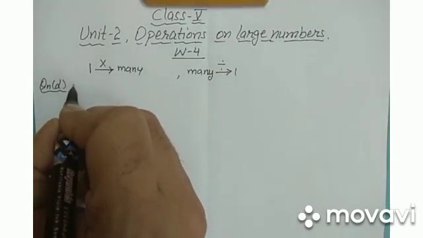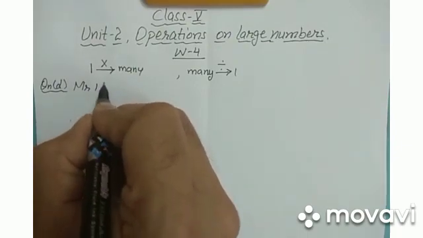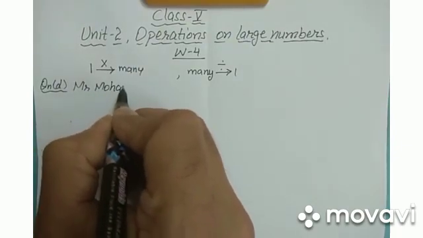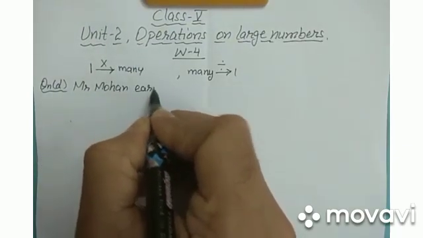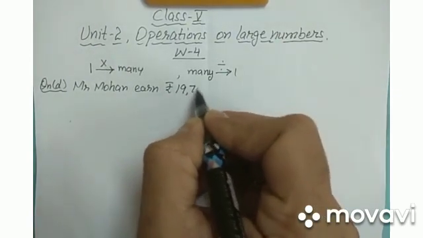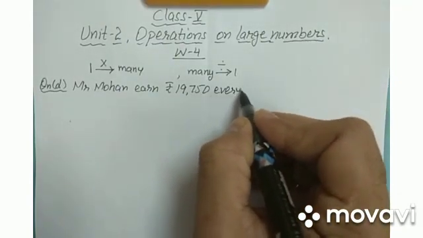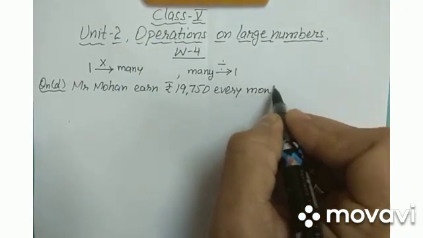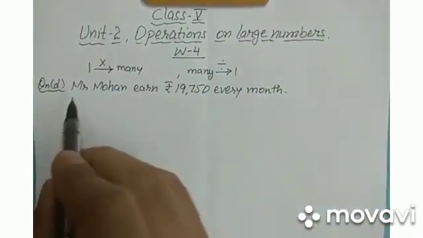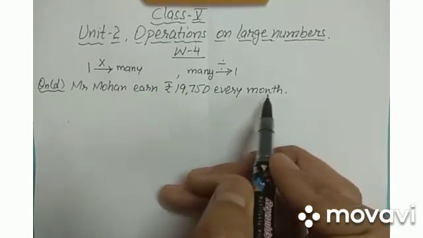So the question is, Mr. Mohan earns rupees 19,750 every month. So here what is given is the earning of Mr. Mohan in 1 month.